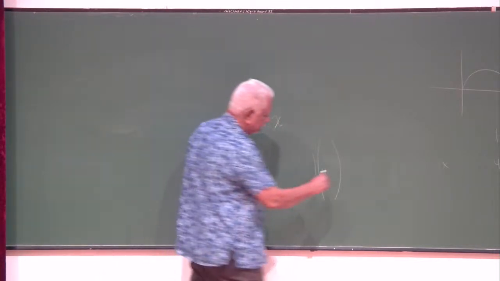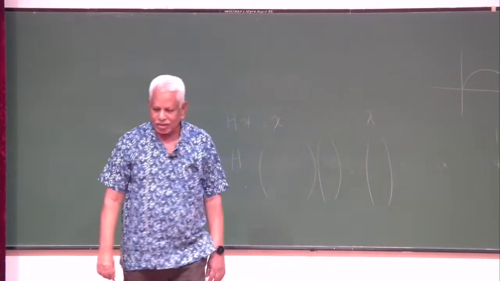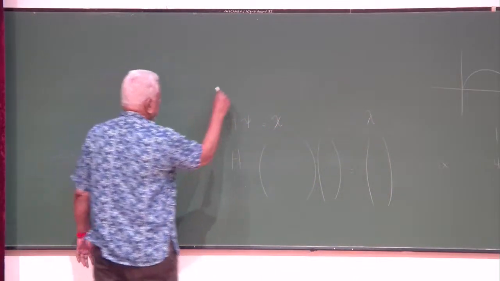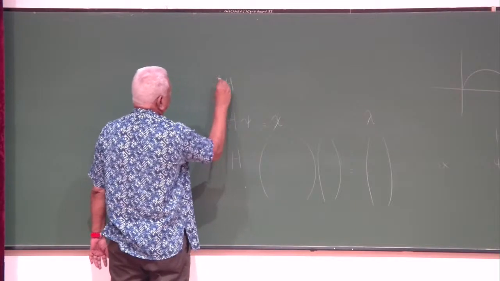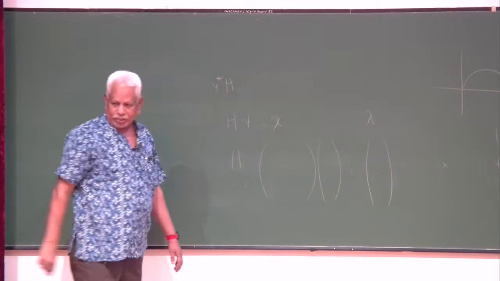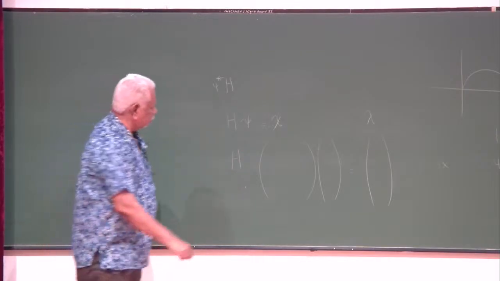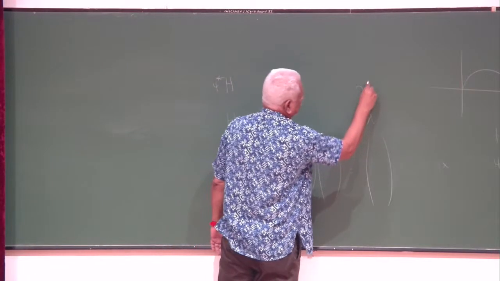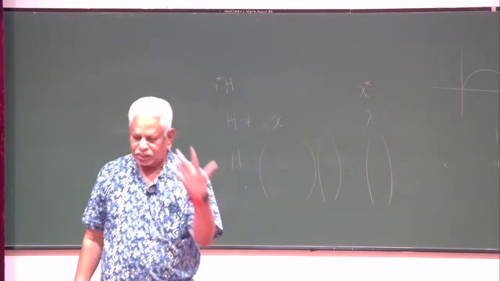So this will give me a column, this is your chi. Now, H is Hermitian, so this object is the Hermitian conjugate of that, which means it is going to be chi star. In this case it is not a problem because it is only real, chi star is the same as chi.